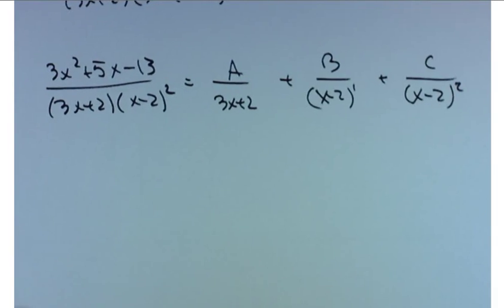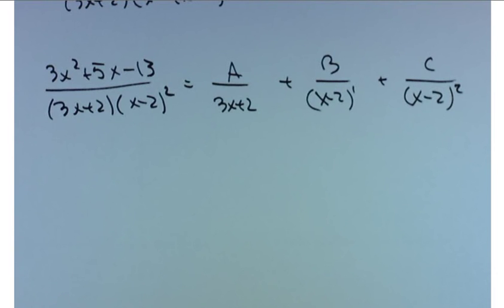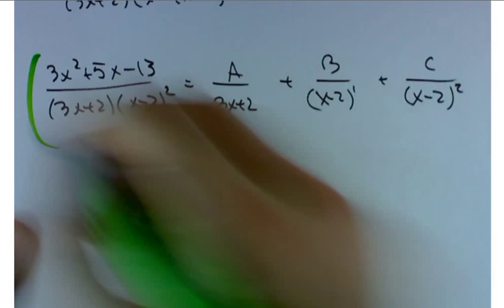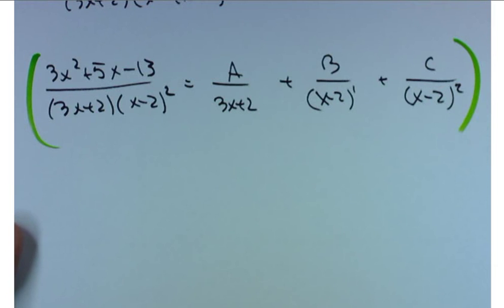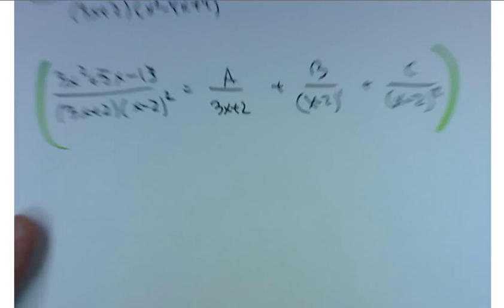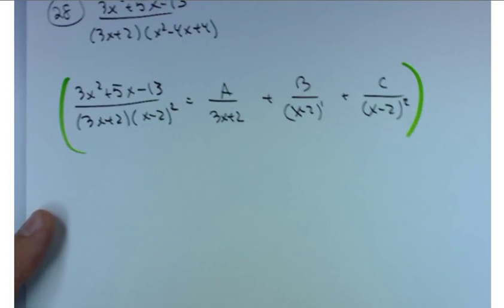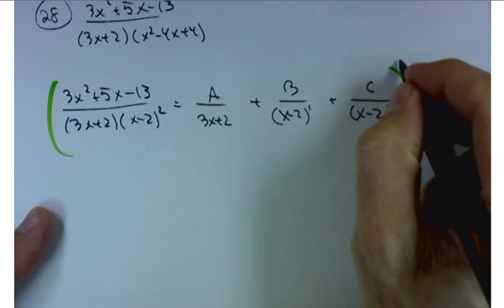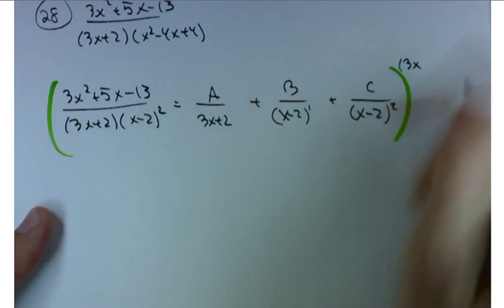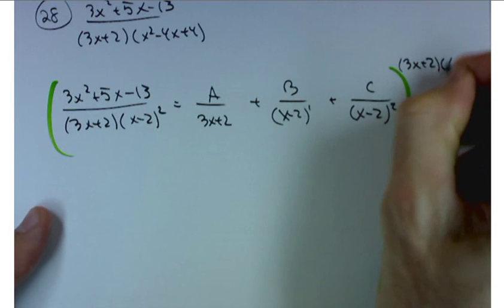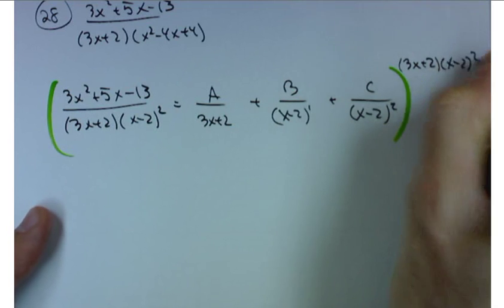Perfect. So let's multiply through by the LCD on both sides and cancel out all the denominators so we can start setting up a system of equations here for A, B, and C. So the LCD is going to be basically this denominator here, 3x plus 2 times x minus 2 squared.